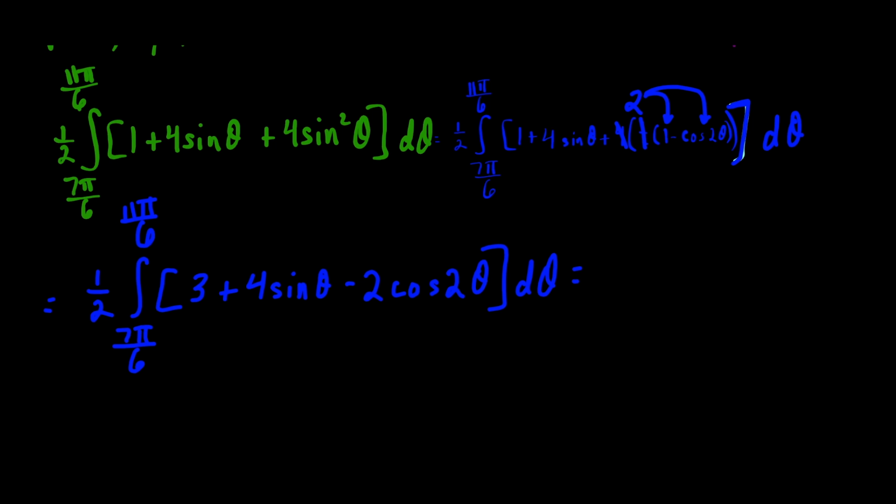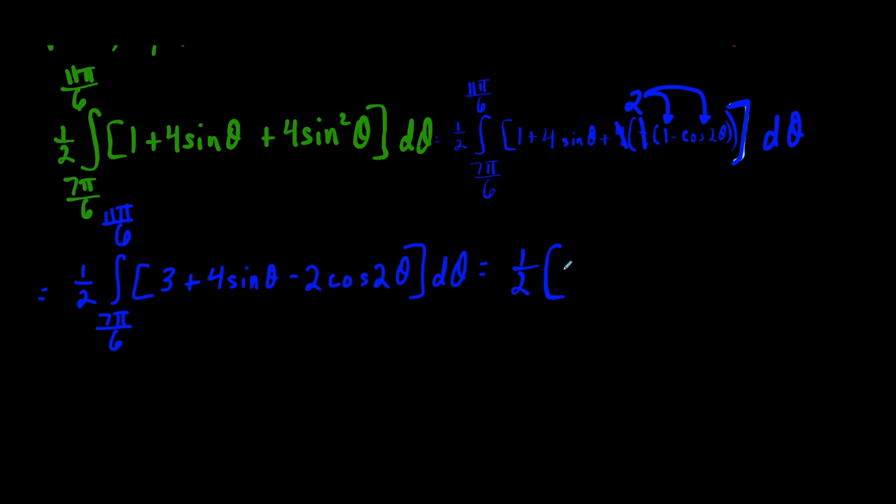To work this out, we're just going to find the antiderivative. We've got 1/2, and the antiderivative of 3 is 3 theta. The antiderivative of 4 sine theta is negative 4 cosine theta. And the antiderivative of the last term is minus sine 2 theta.